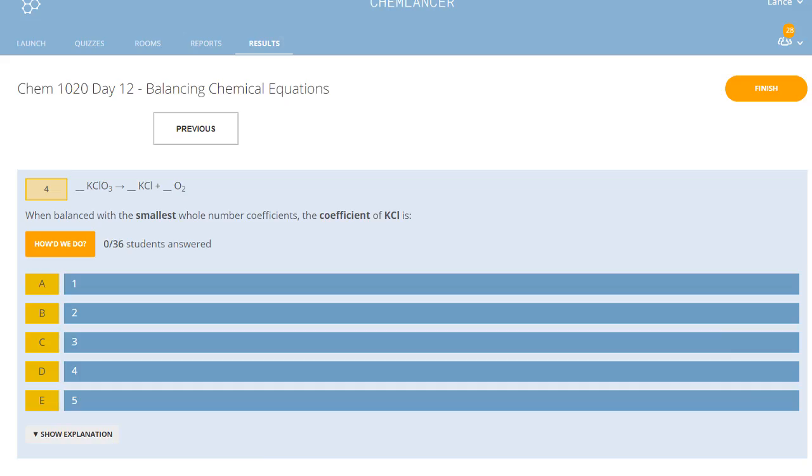When balanced with the smallest whole number coefficients, the coefficient of KCl is. Now notice that it's emphasized, we're looking for the smallest. If you can reduce your coefficients down, you always want to reduce them down.